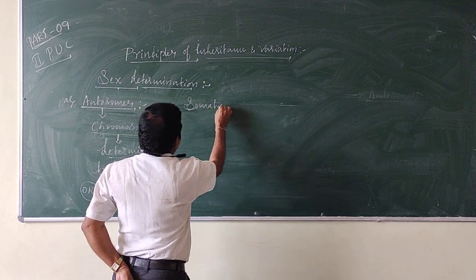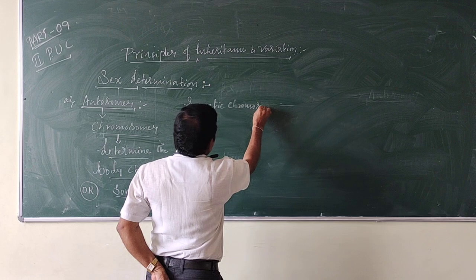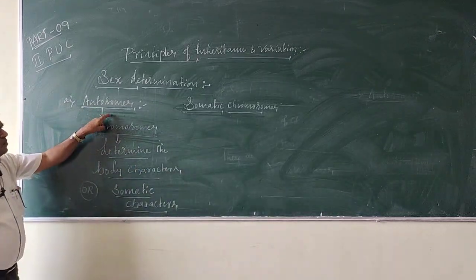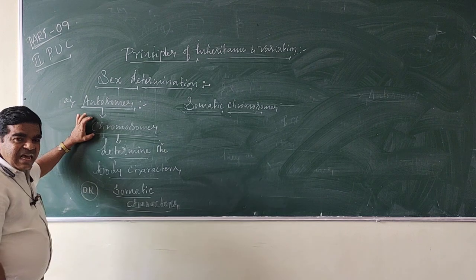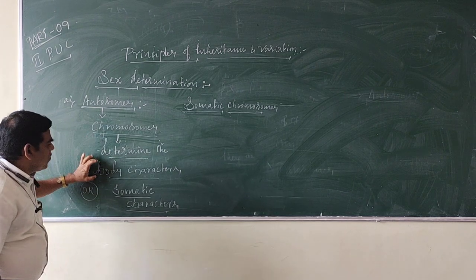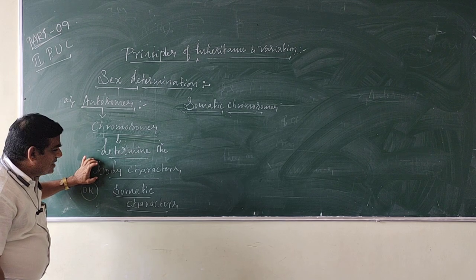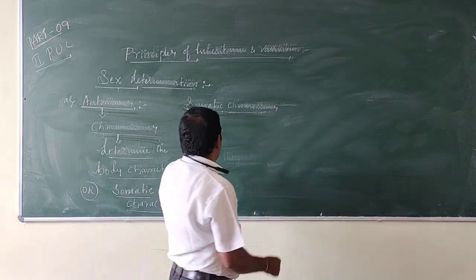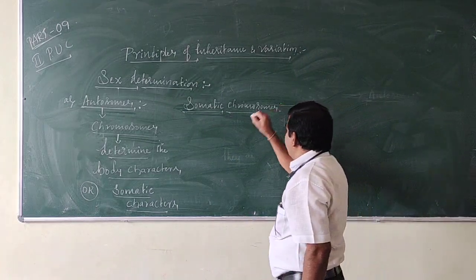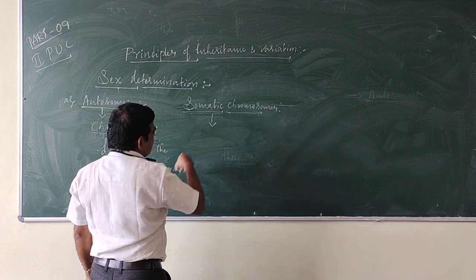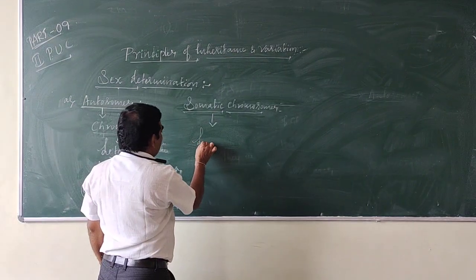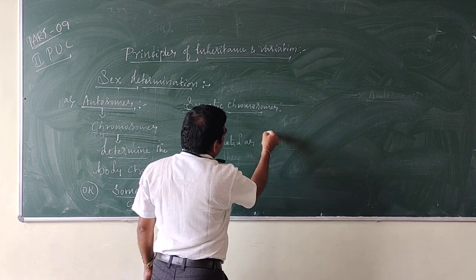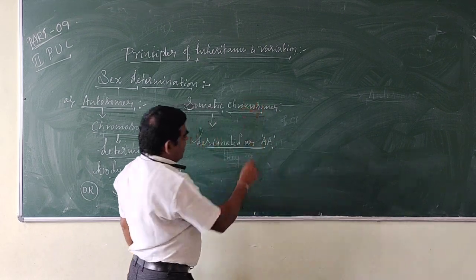Autosomes are the chromosomes which decide or determine body characters. They are designated as AA autosomes.